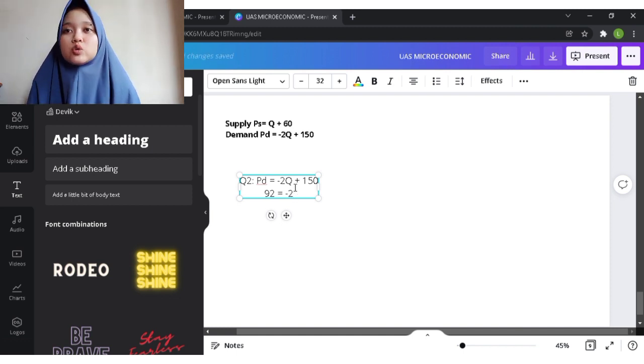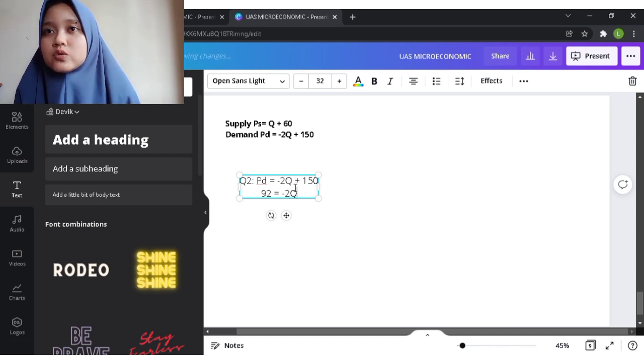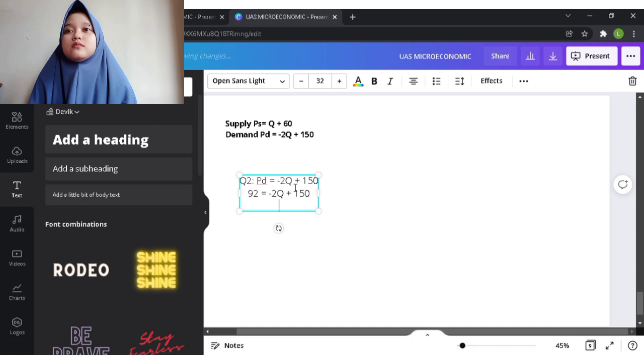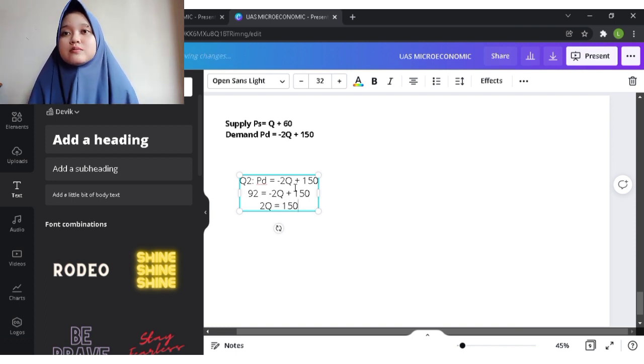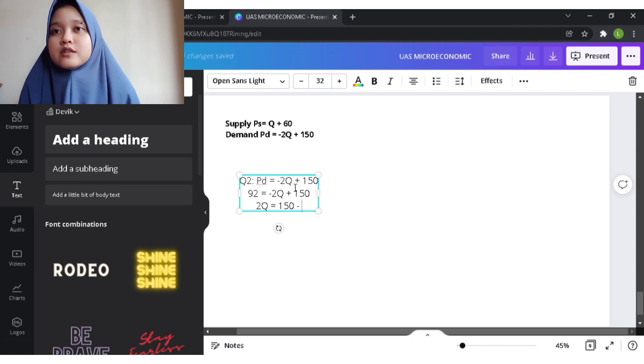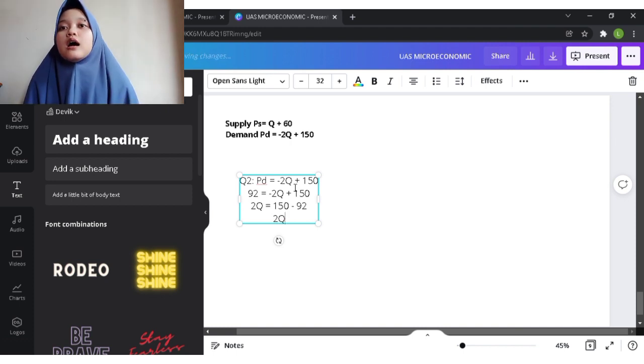So 92 is equal to minus 2Q plus 150. We move minus 2Q to the left and it becomes positive, equal to 150 minus 92. 92 moves to the right and becomes negative.